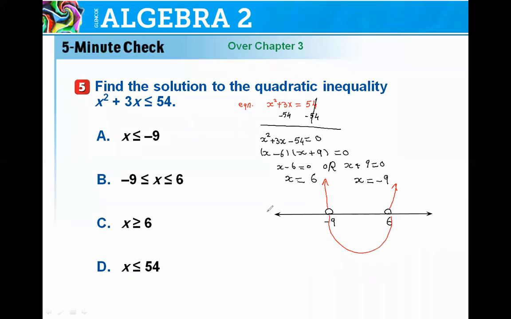The first region is from -infinity to -9, the second region from -9 to 6, and the third region from 6 to positive infinity. Don't forget that we have smaller than or equal, so we must shade here. This will be closed, and this also will be closed. I'll start to make a test.